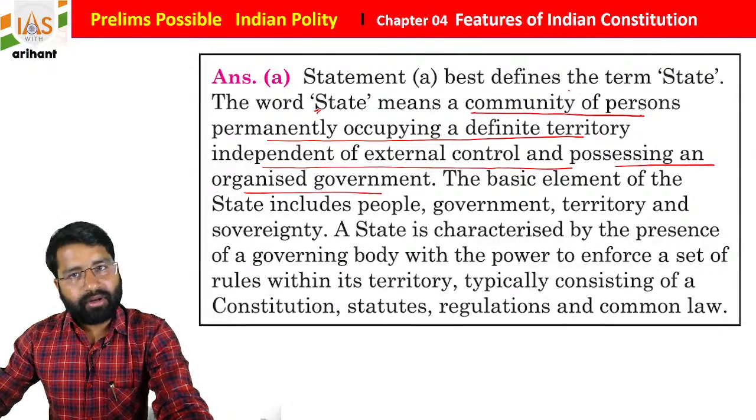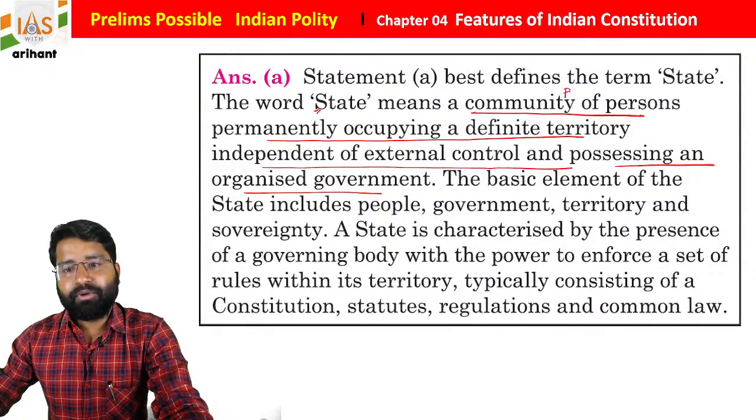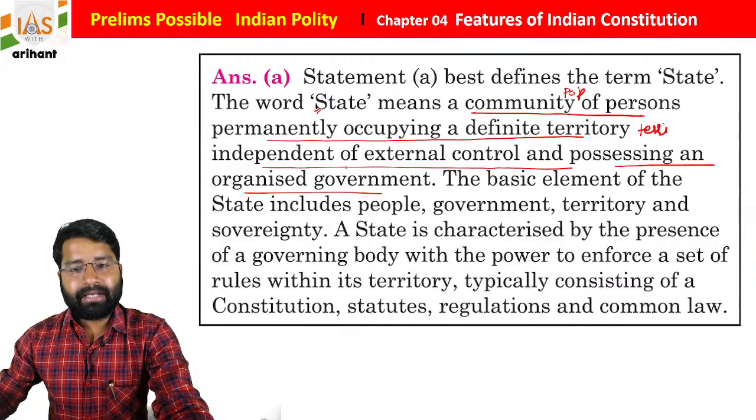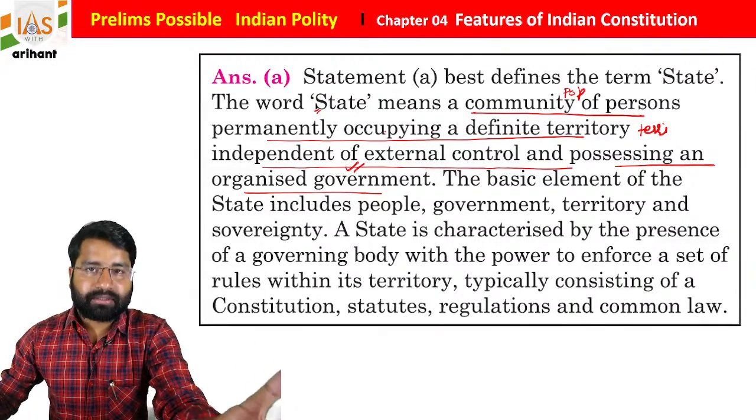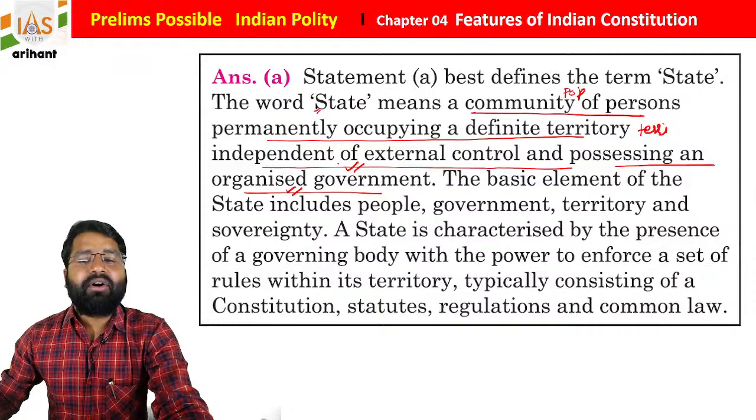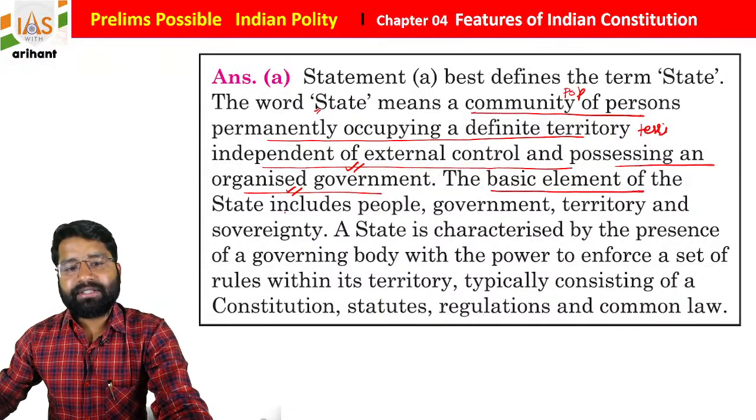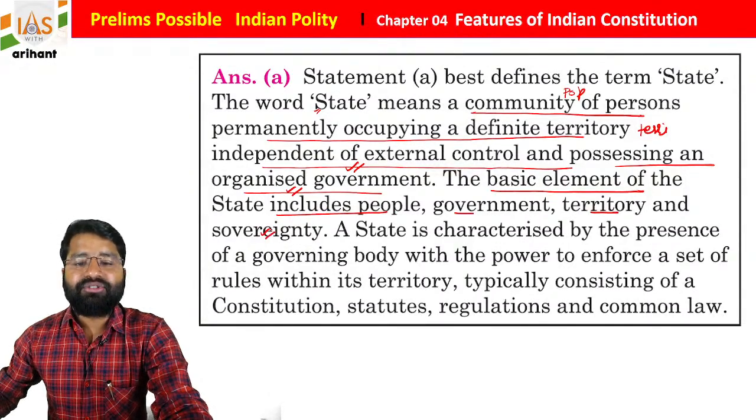So it has all the features. It has population, it has territory, it has sovereignty as well as organized government, students. So the basic elements of the state include people, government, territory and sovereignty.